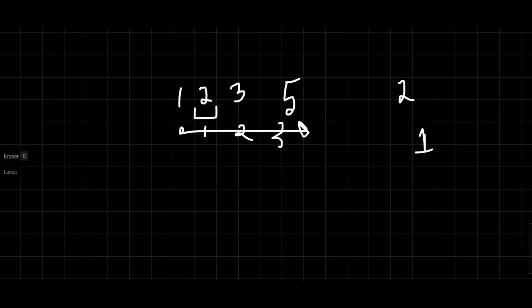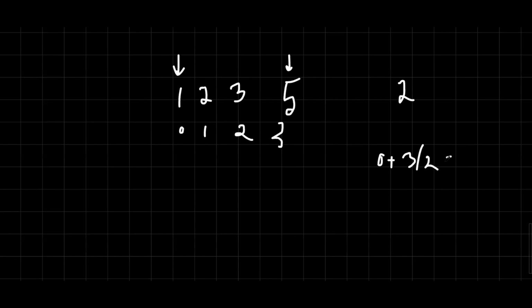Now we have to check how we can calculate this index number. At first, our start and ending elements are here. So the mid value will be 0 plus 2 divided by 1, which is 1, and mid is pointing here.